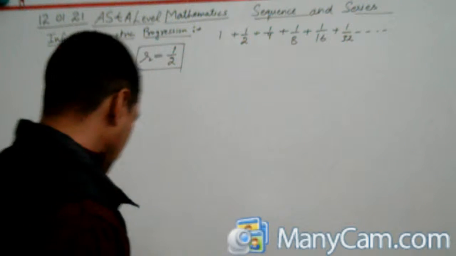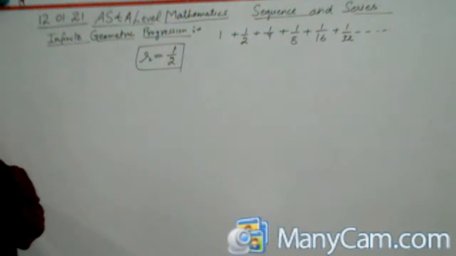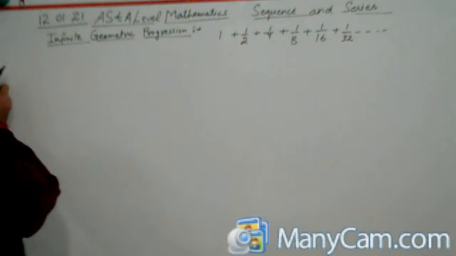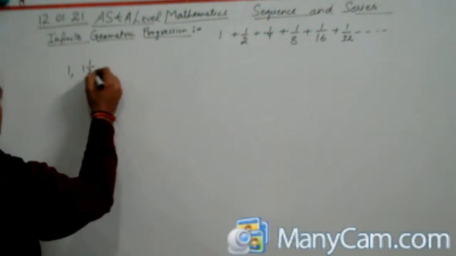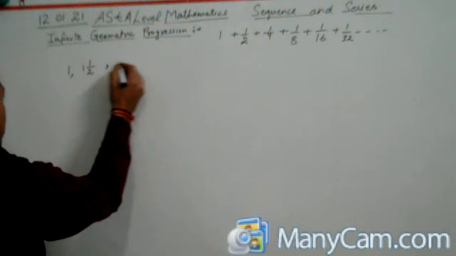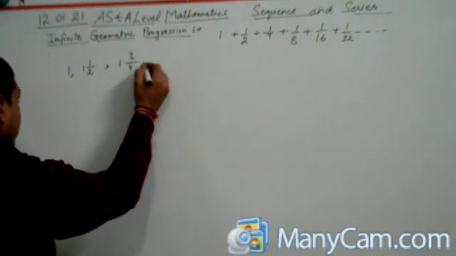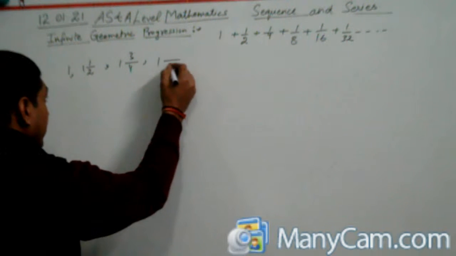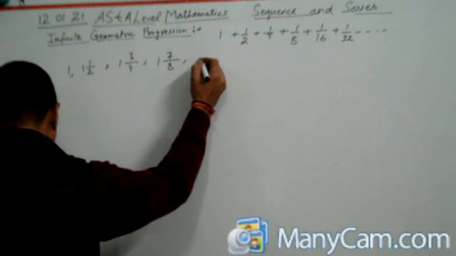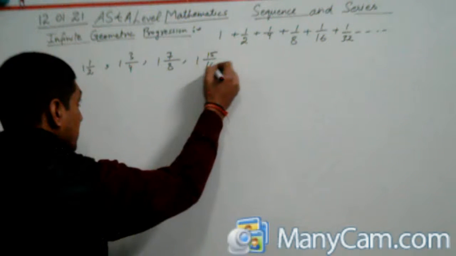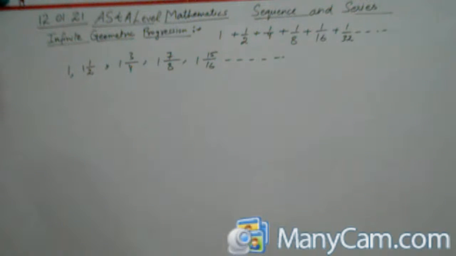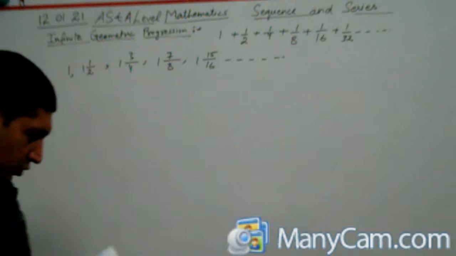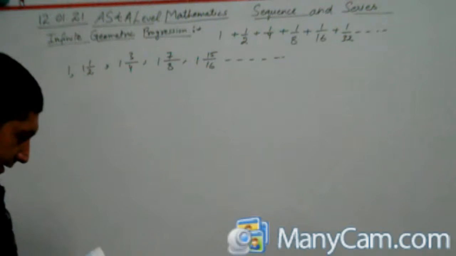Okay, let's see one more we have here, if it starts from 1 by 2, then 3 by 4, 7 by 8, 15 by 16, and so on. Here also it's clear that the sum gets nearer to 2 in the limit.